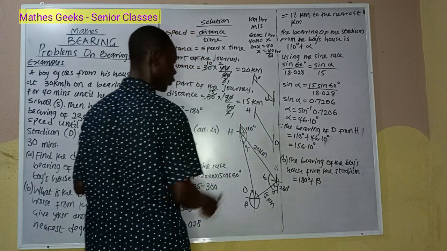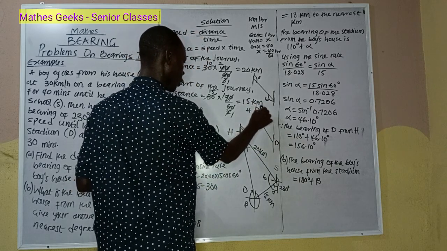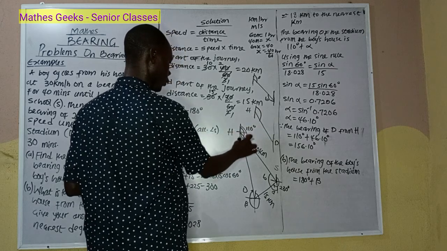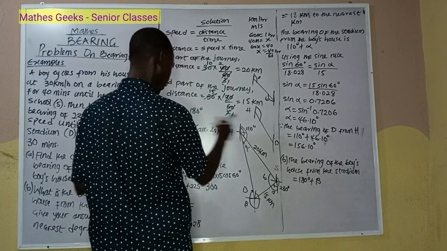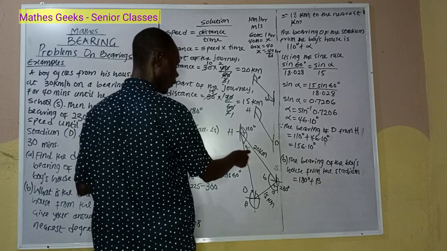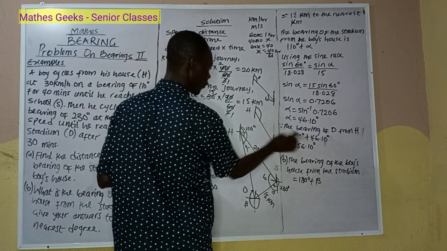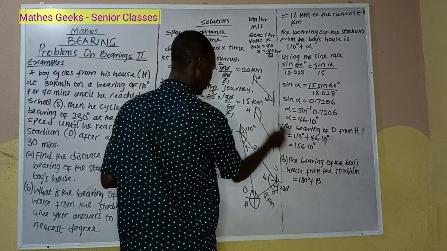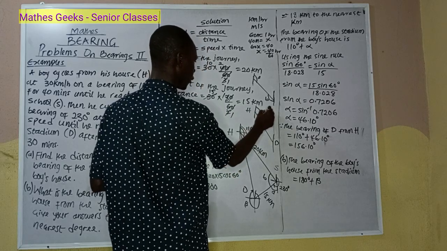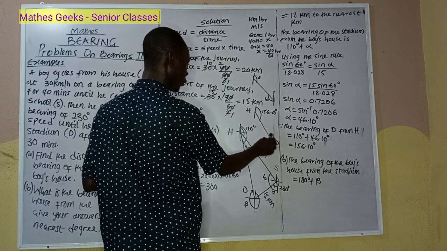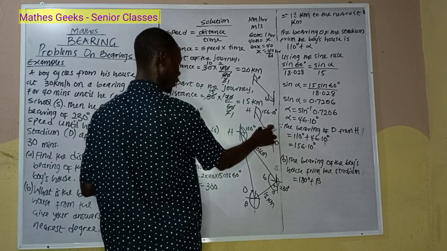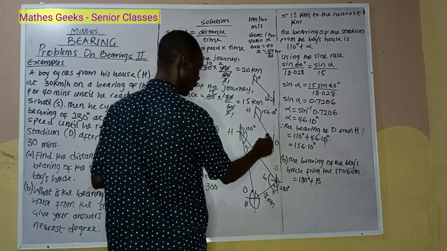Remember, it's reverse bearing. From the north to this line connecting H and D is 110 degrees plus alpha, which is equal to 156.10 degrees. It's also alternate, so from the south to this line gives us beta.